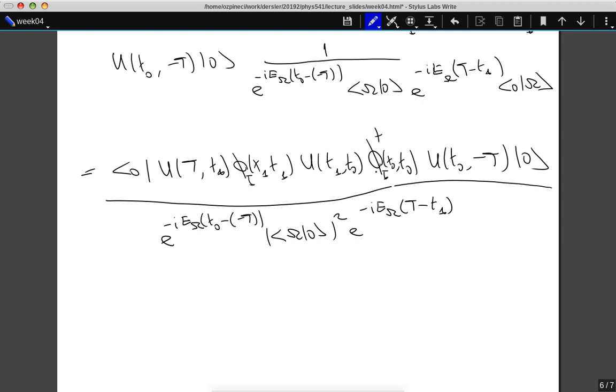I create my particle at the time t0 at the point x0. Then I evolve my system from t0 to t1. And then I check if there is a particle at the point x1 at the time t1. I annihilate the particle, let's say. And then I let my system evolve up to the final time t, which is at infinity. And at t equal to infinity, I turn off my interaction slightly. It's now my empty state, the ground state of the free theory. And, well, let's see.